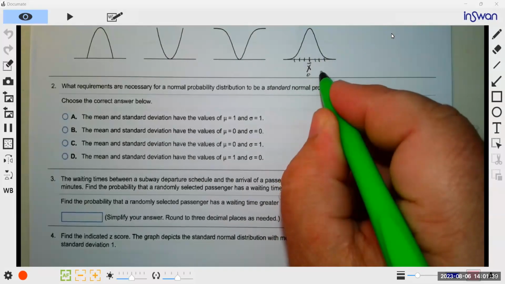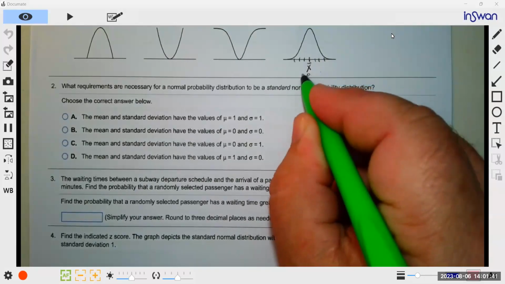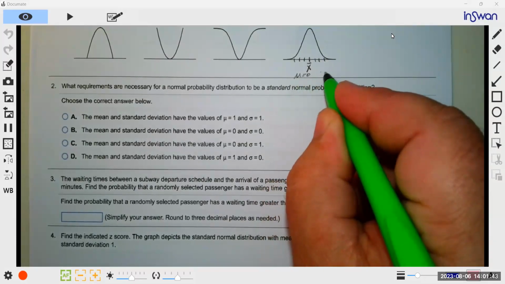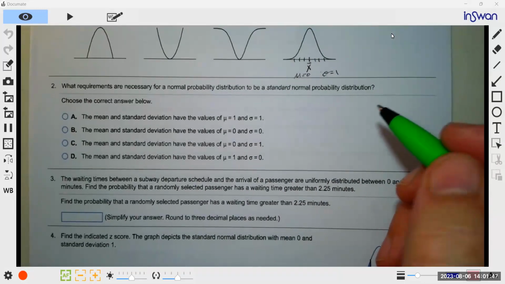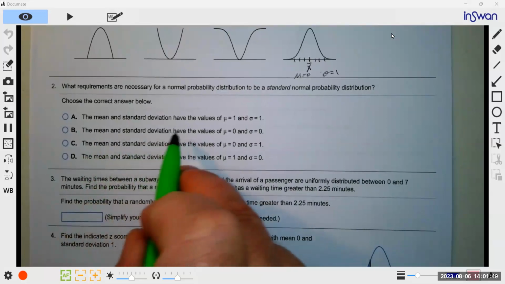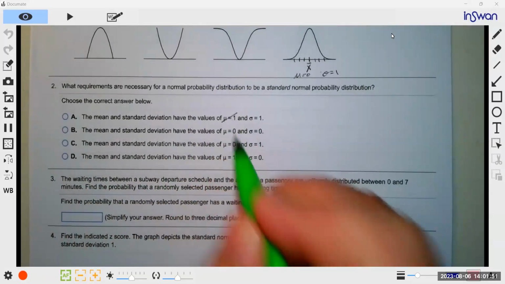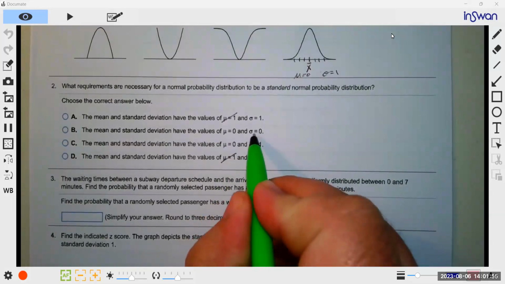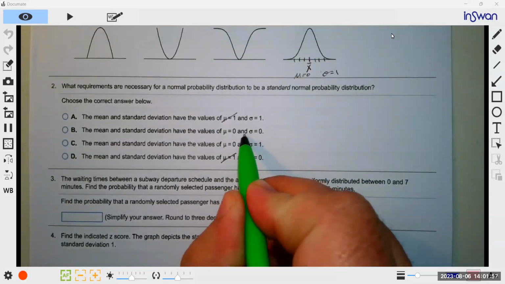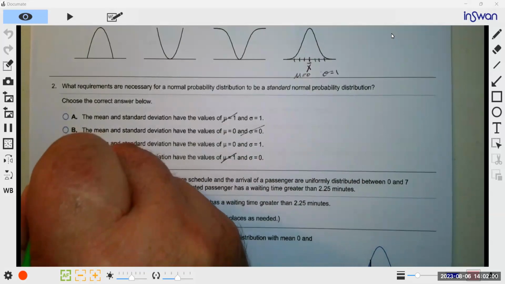So the mu has to be 0, and the standard deviations each have to be 1. The standard deviation can't be 0 because then it wouldn't go anywhere. So the answer is C.